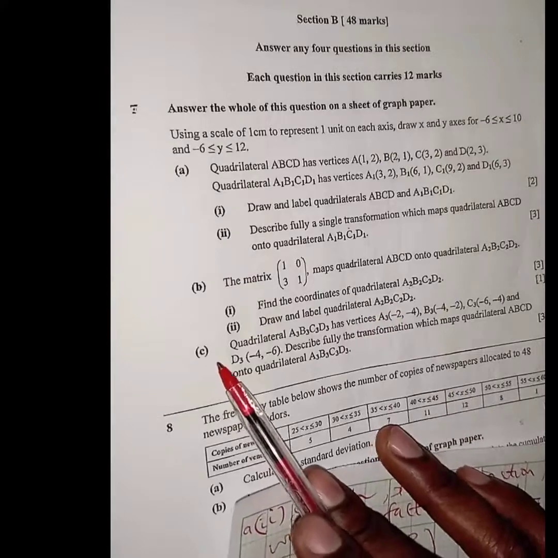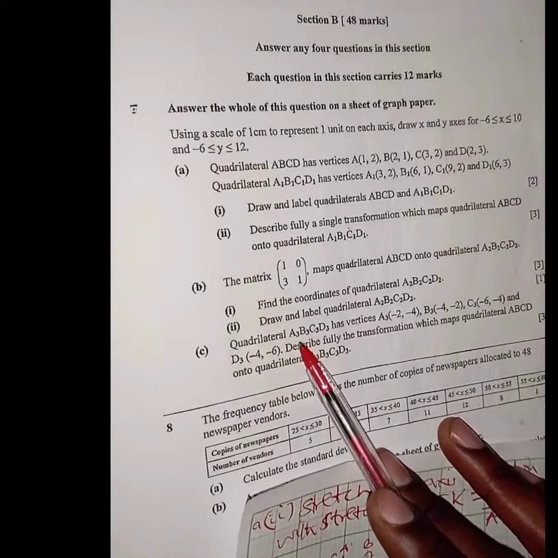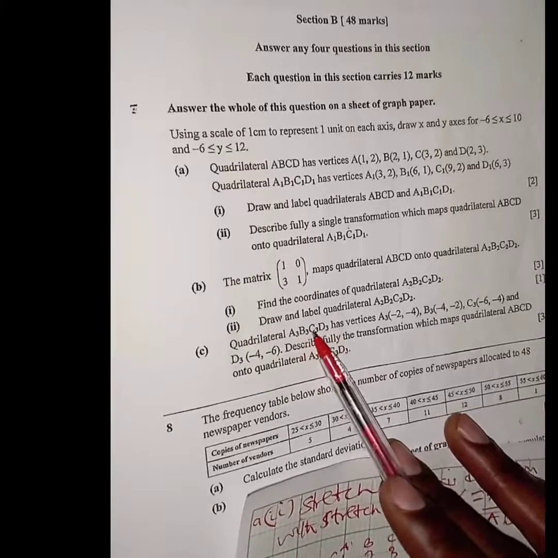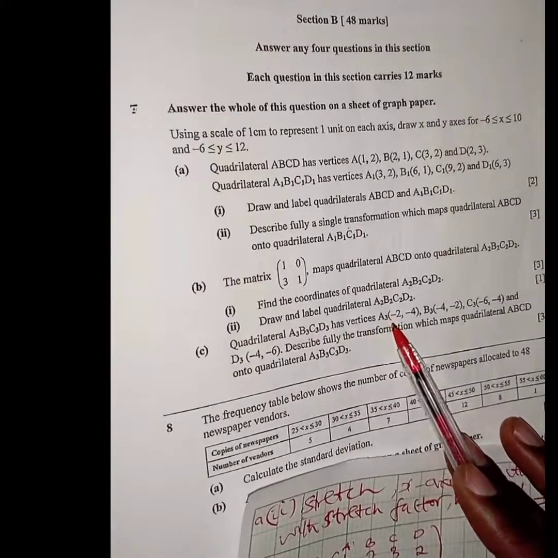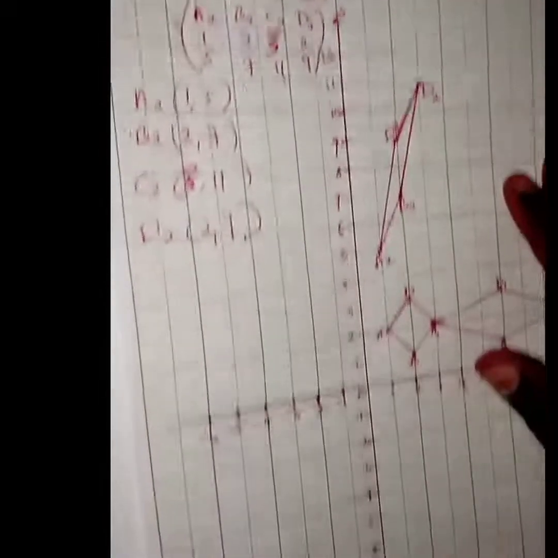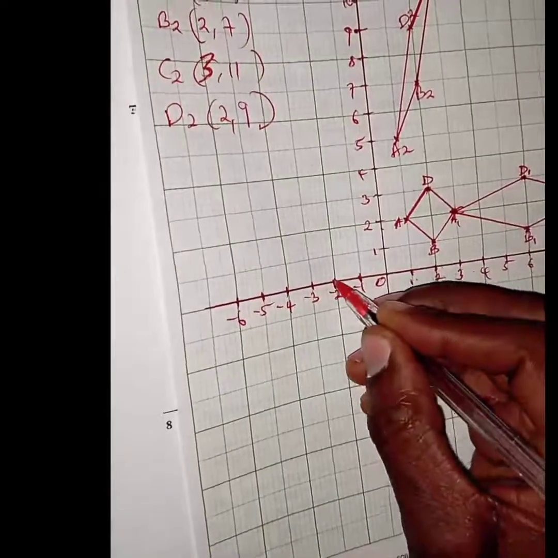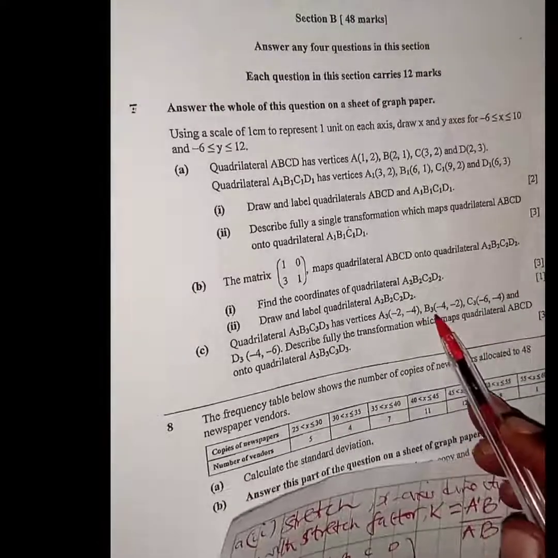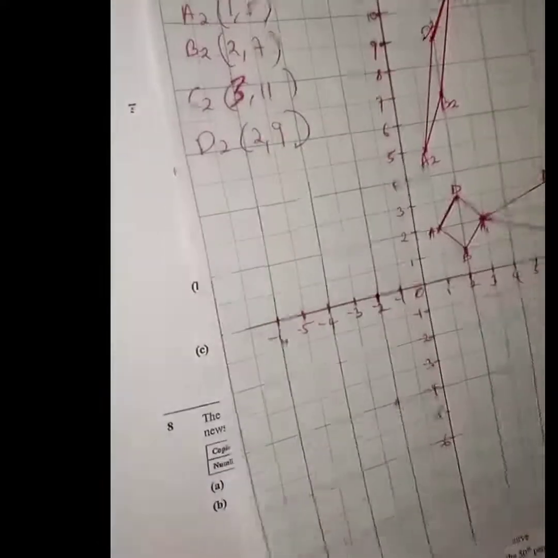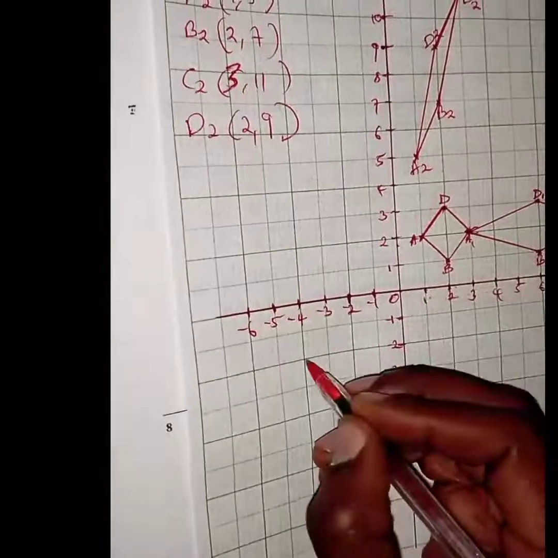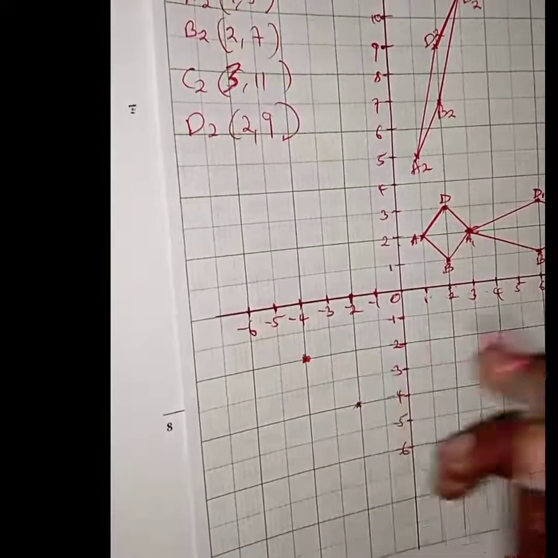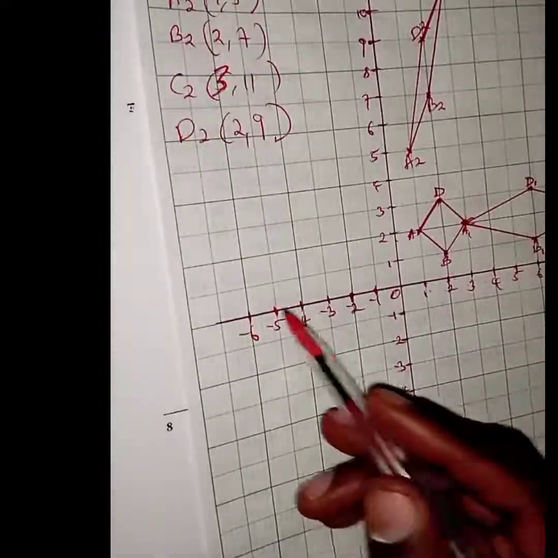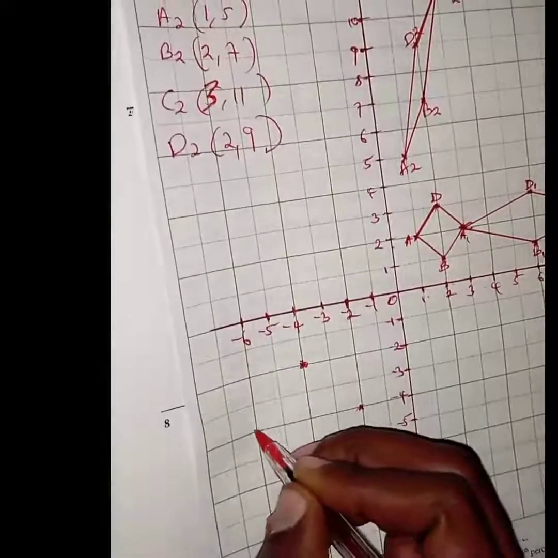So C, they're saying quadrilateral A3, B3, C3, D3, meaning they have formed another shape, which has vertices A3, -2, -4. We plot -2, -4. -2 is here, -4 is here. -4, -2, another point, -4, -2 is here. -6, -4, another point, -6, -4 here.